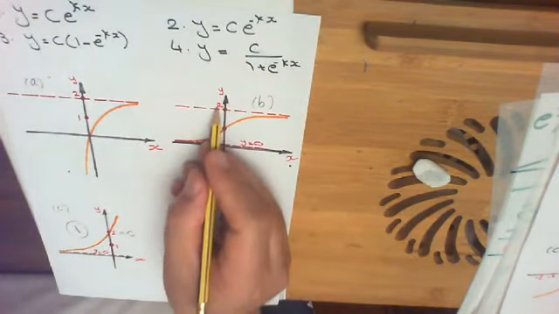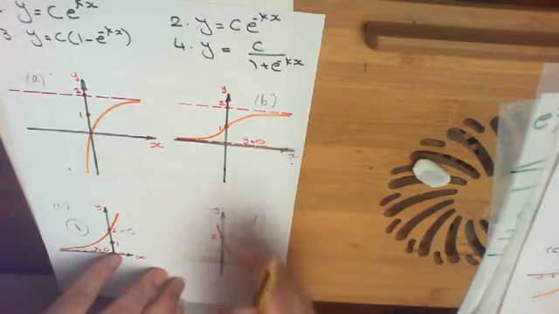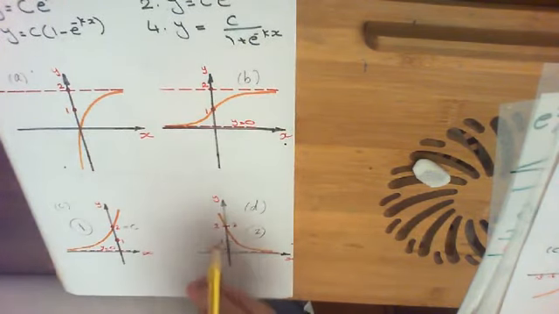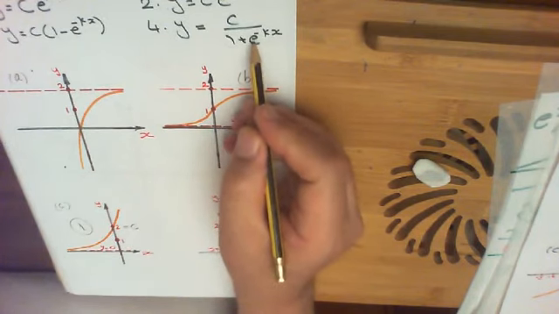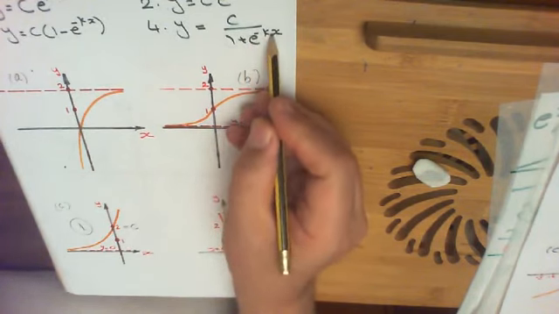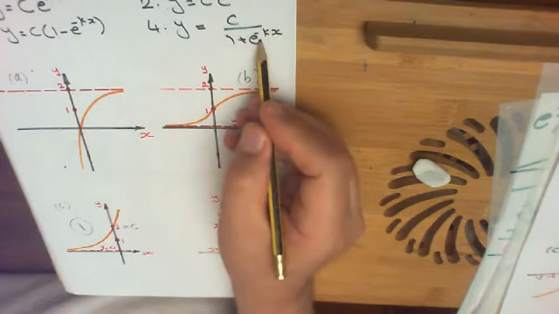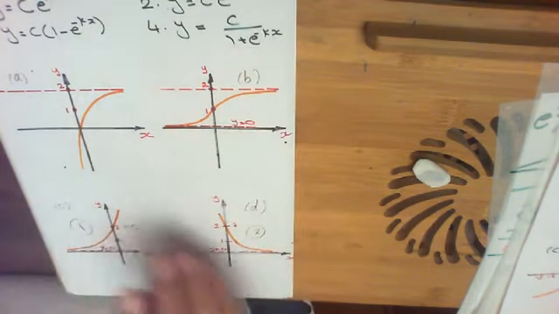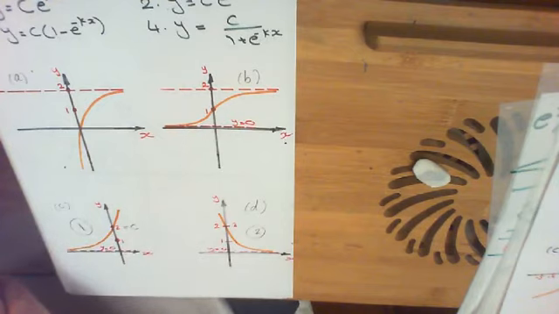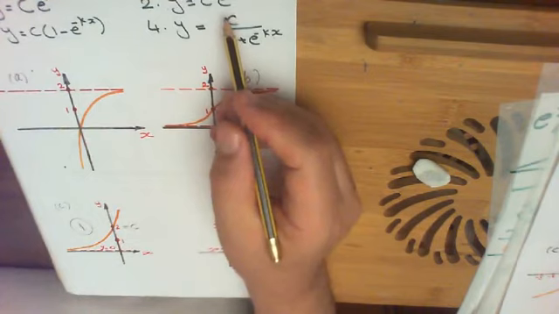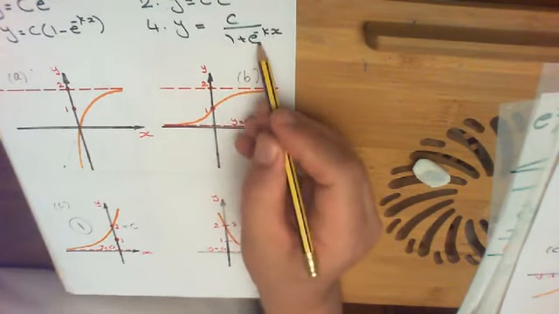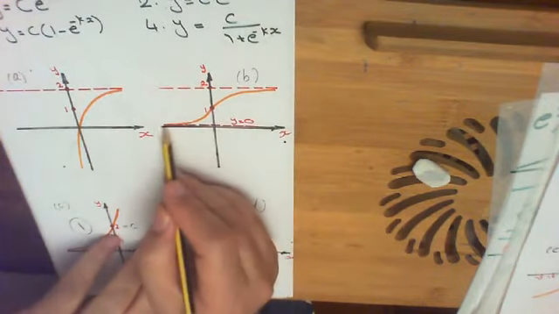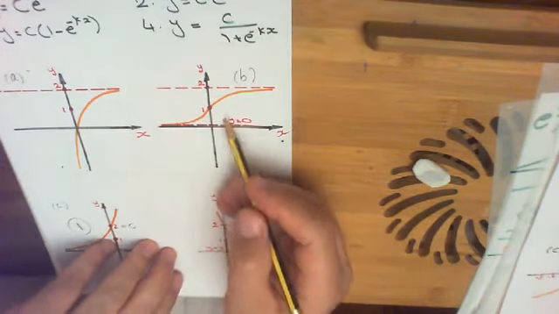This behavior: when x goes to minus infinity, then this will be e to minus of minus infinity, which is e to infinity, which is infinity. 1 plus infinity is infinity. c over infinity is 0, which is this. So 4 matches with B.